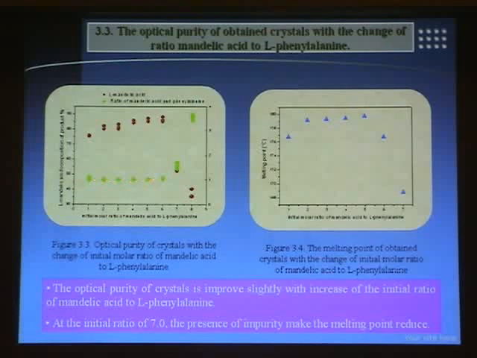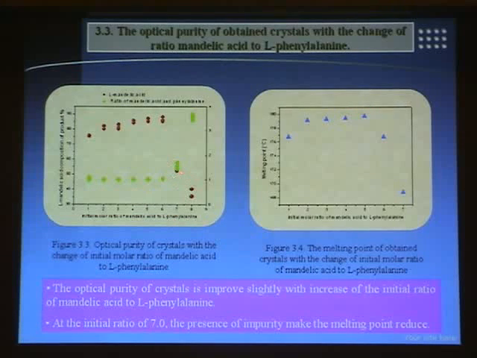the ratio of mandelic acid and L-phenylalanine is 1:1. This means the diastereomer is also a 1:1 complex.